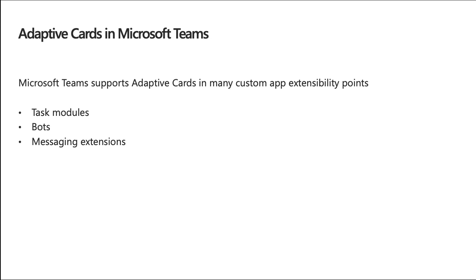A task module can be either a web page that's loaded within an iframe or an adaptive card. You can also have a conversational bot that's built using the Microsoft Bot Framework, and it can reply to a message or send a proactive message as a text-based message or as an adaptive card. Messaging extensions can pre-fill or add content to an existing message. This content can then be in the form of a text message, or it can be an adaptive card.